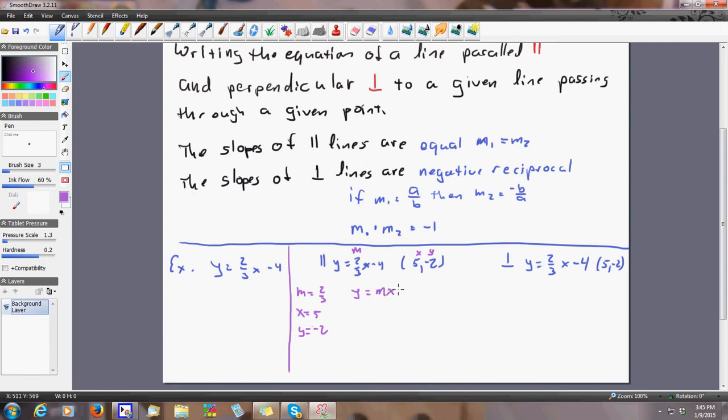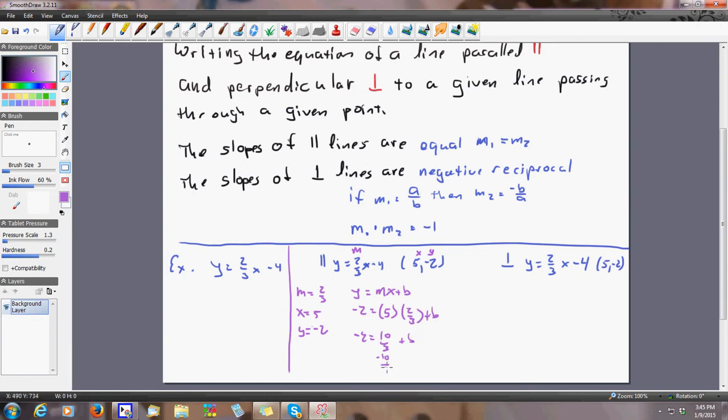So y equals mx plus b. I have negative 2 equals 5 times 2/3 plus b. So all I did was substitute in. I get negative 2 equals 10/3 plus b. And now I solve for b.